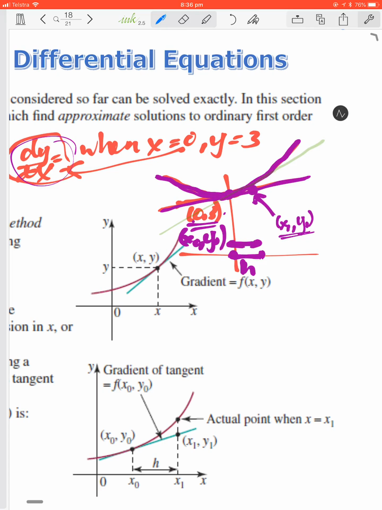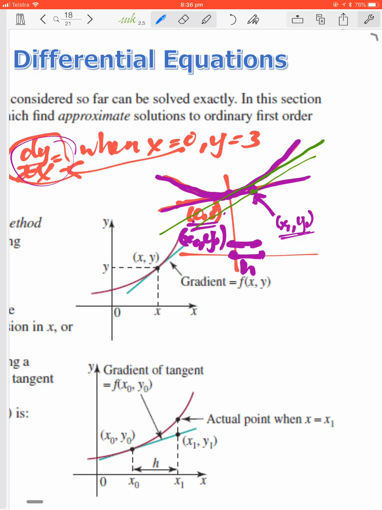So that's a tangent. If I use the tangent here to create a line, and then go a further h to the right, we then get another value. So we start using this condition, which allows us to find out this value. Then we use this value, which allows us to find out this value.